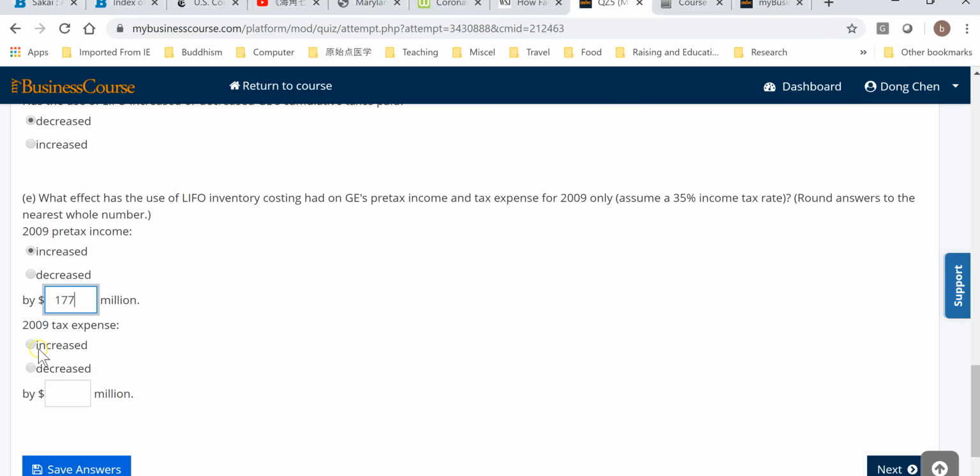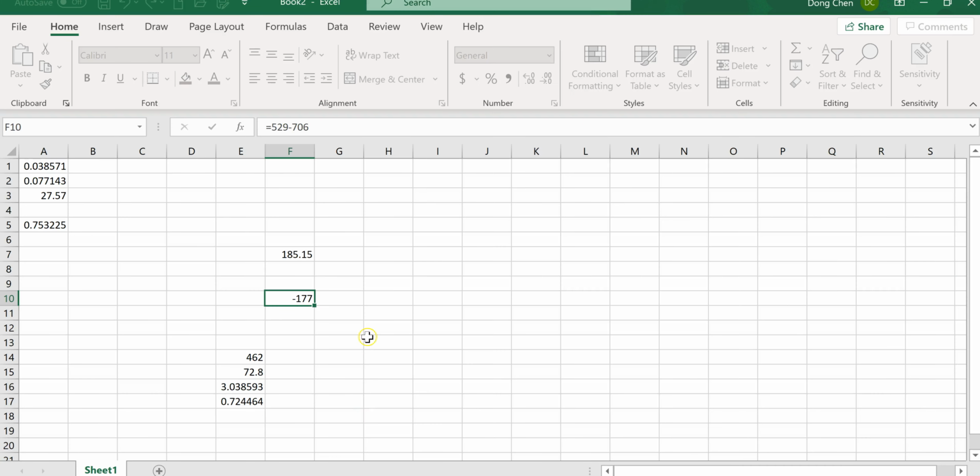177, and because the pre-tax income increases, the tax expense also should increase by how much? By this 177 times the tax rate. So we just need to calculate this times 35%, the tax rate.